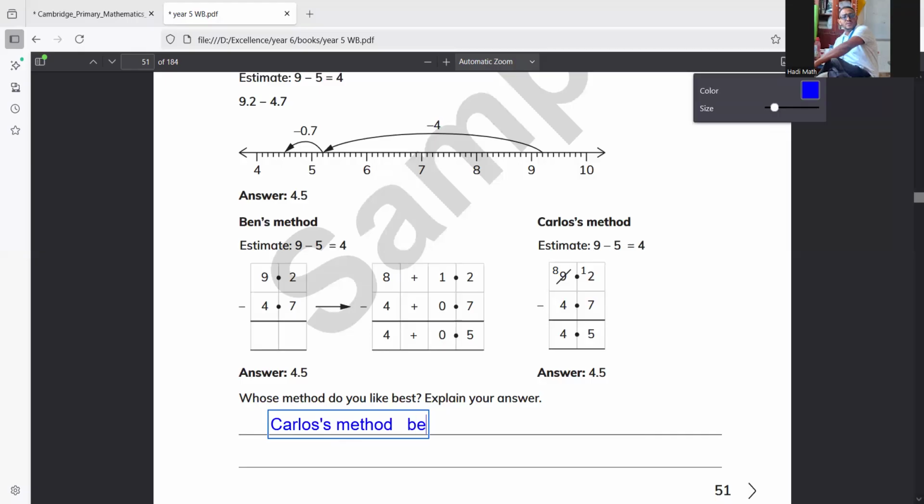Because it is simple. This is for me. I see like Carlos is simple. I don't need to go right and then break them into numbers and this stuff or draw a number line. No, I just subtract. 2 minus 7, I can't, so just borrow 1. It's going to be 12 minus 7 is 5. And then 8 minus 4 is equal to 4. That's it. I don't need to do all these things.